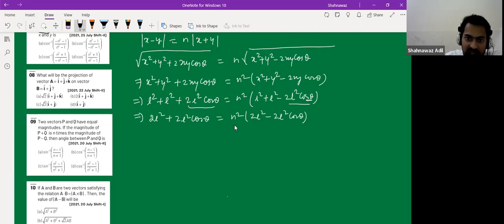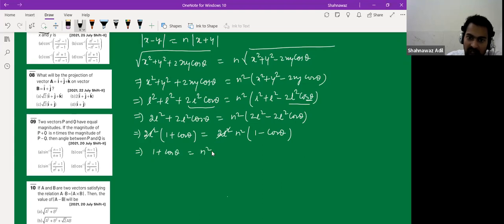So let's take 2L square common. So this would be 1 plus cos theta, and 2L square common and n square times 1 minus cos theta, right? So this cancels. Now we can simplify further. So 1 plus cos theta equals n square minus n square cos theta, right?